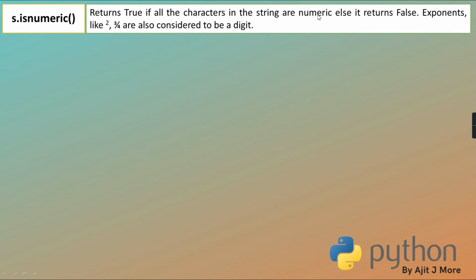In numeric, exponents like raise to or subscripts, and even vulgar fractions like 3/4, 1/3 are also considered to be digits. So is it clear to you people between is decimal, is digit, and is numeric?